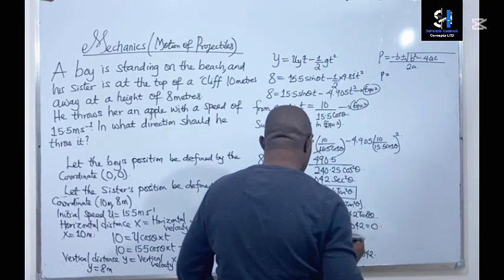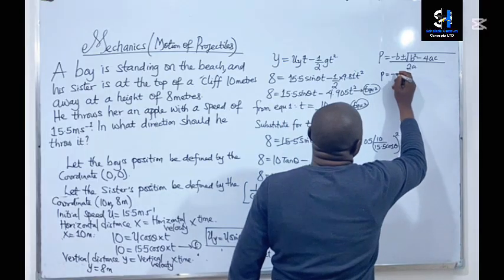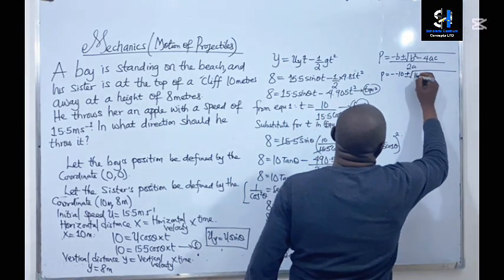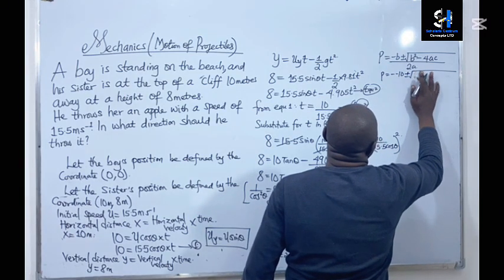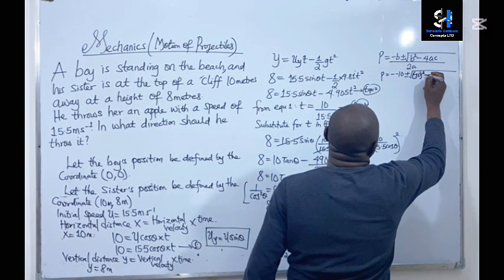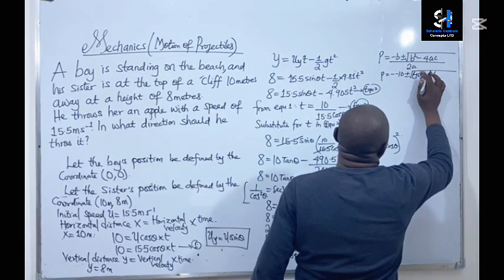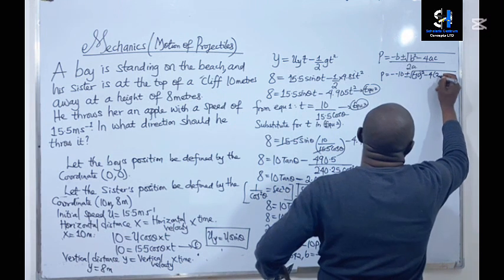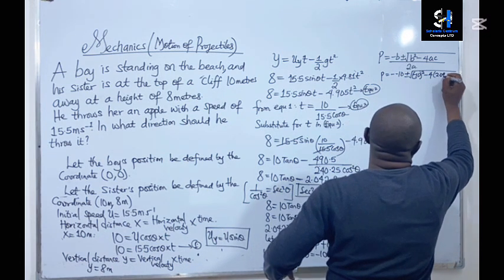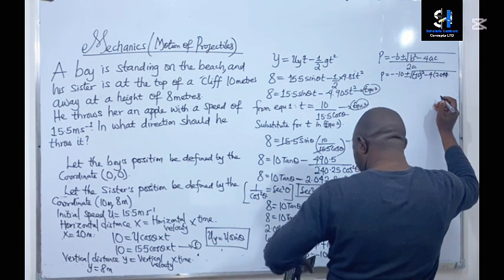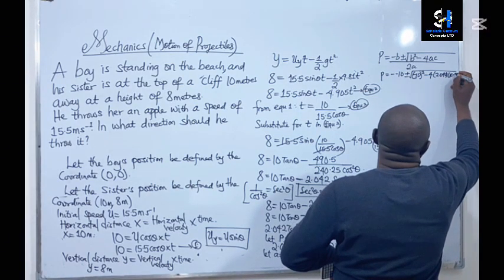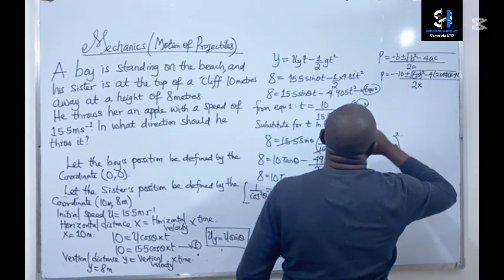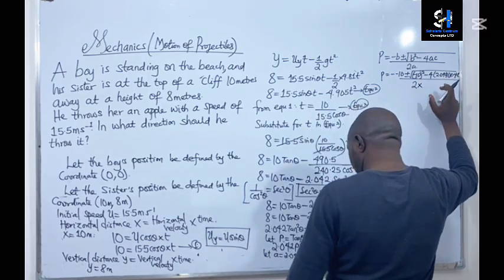Now B is minus 10, so P equals negative minus 10 plus or minus the square root of 10 squared minus 4 times the value of A, 2.042, multiplied by 10.042, divided by 2 times A, where A is 2.042.